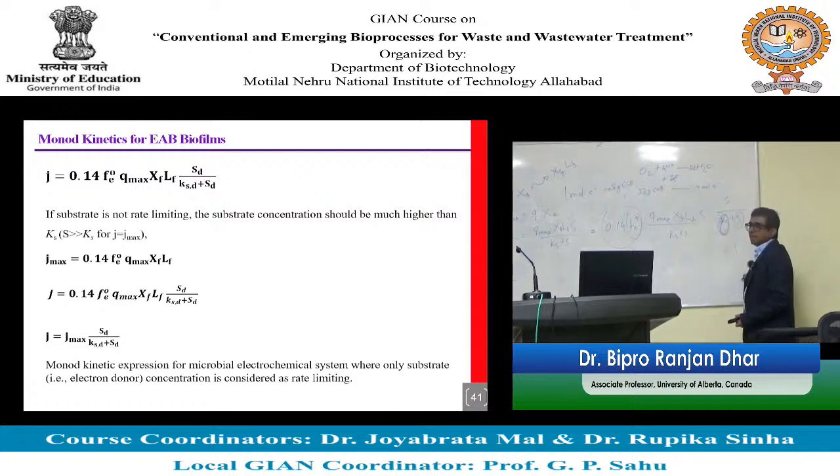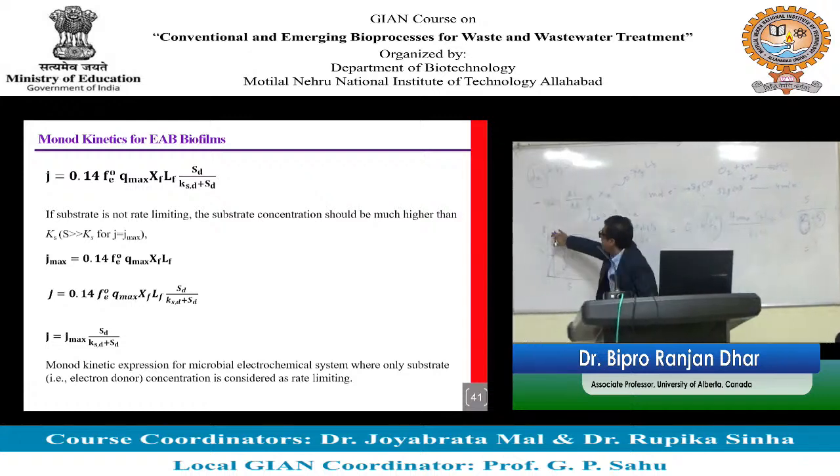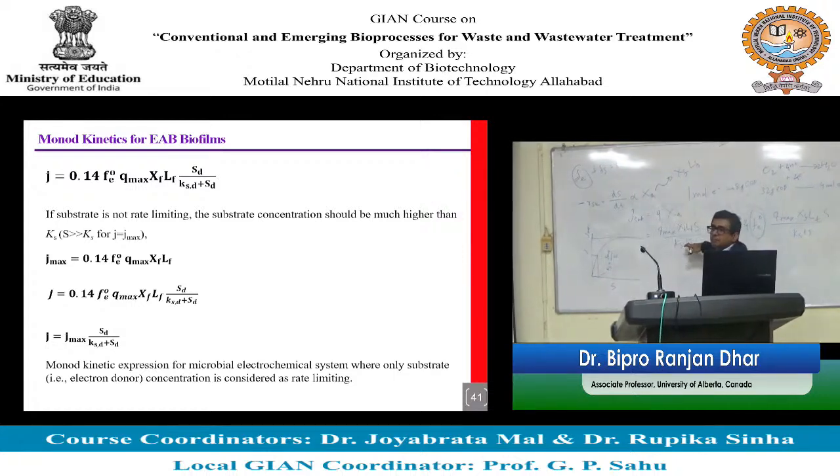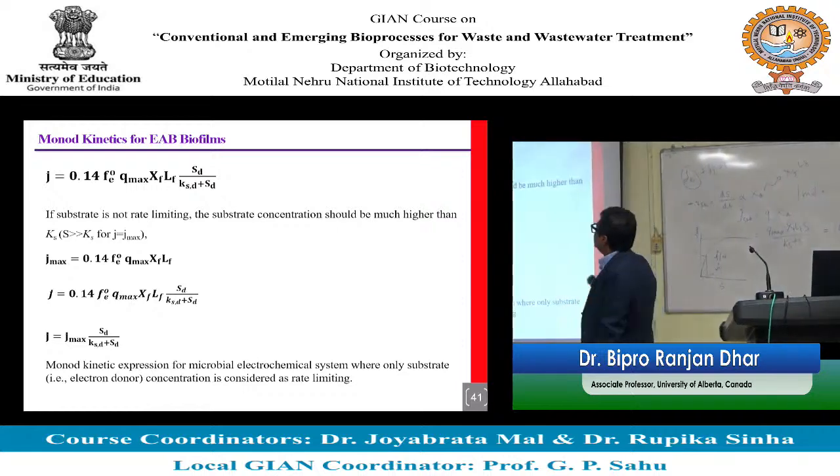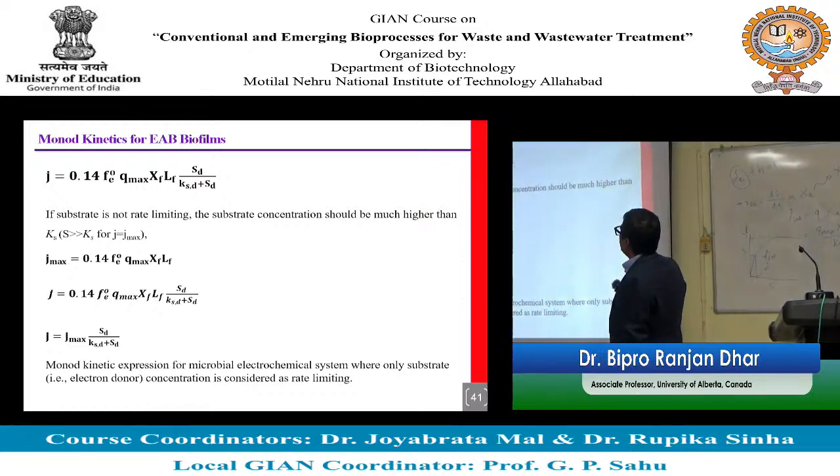And at that time we can get Jmax, the maximum current. So maximum current means Jmax equals 0.14 Fe naught Qmax XF LF, because that term is going to be 1.